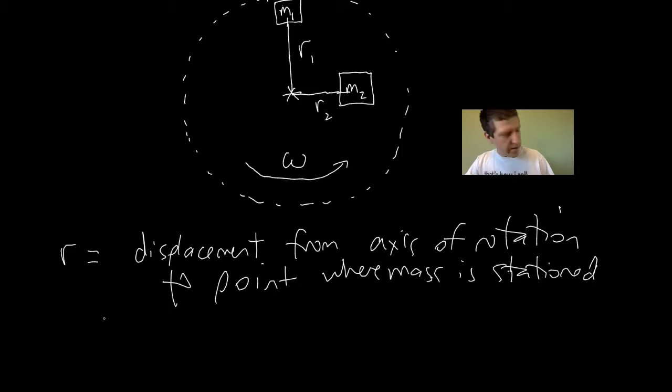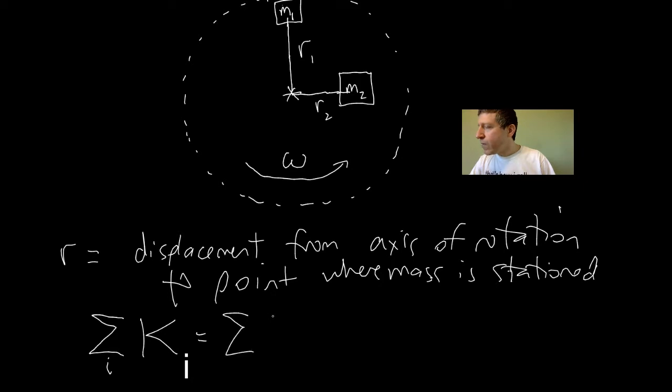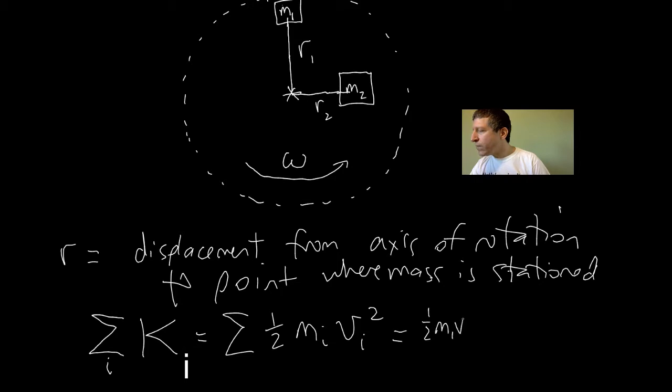The net kinetic energy of the system, capital K, is equal to the sum of 1/2 m_i v_i squared. That is simply the kinetic energy of M1 plus the kinetic energy of M2, so it's 1/2 M1 V1 squared plus 1/2 M2 V2 squared.